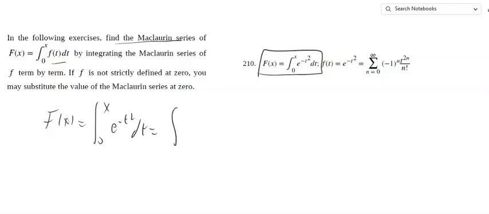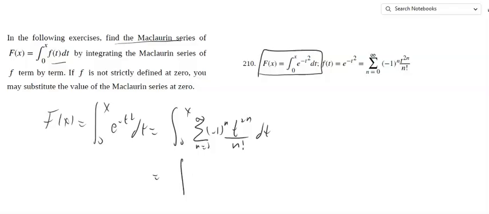That is the integral from 0 to x, the series n equals 0 to infinity, negative 1 to the n, t to the 2n divided by n factorial dt. That is the series n equals 0 to infinity that should be c plus, oh, it's a definite integral, never mind.